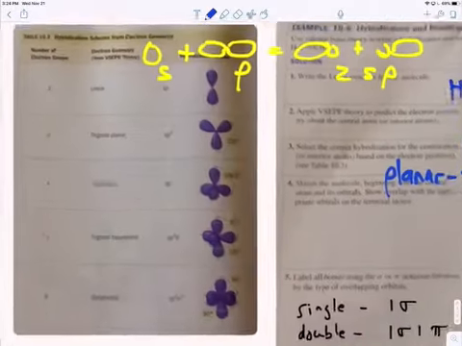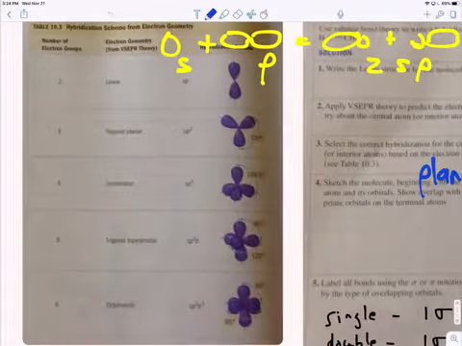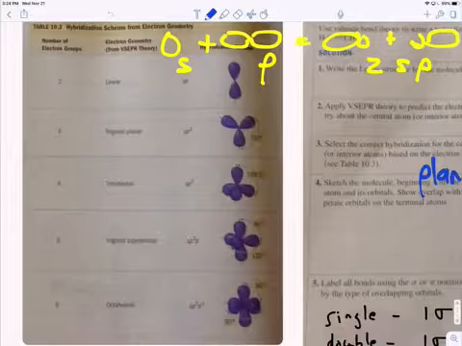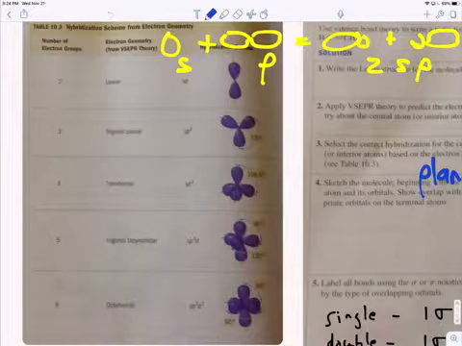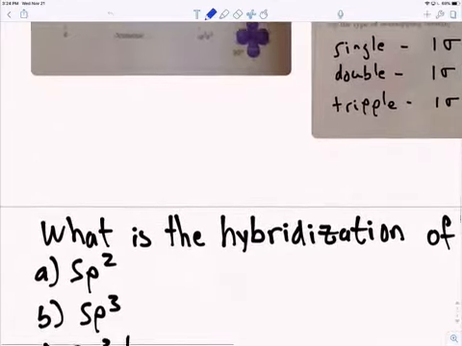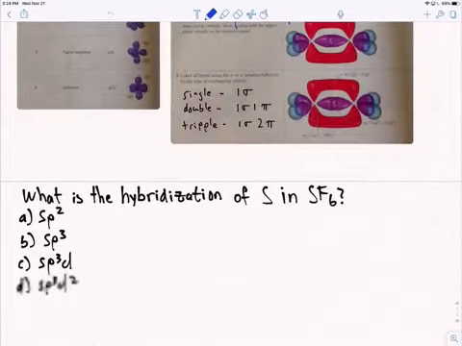And again, here is the hybridization scheme. If it's in electronic geometry, linear is sp, planar sp2, tetrahedral sp3, bipyramidal sp3d, octahedral sp3d2. So what is the hybridization of sulfur in sulfur hexafluoride, SF6?